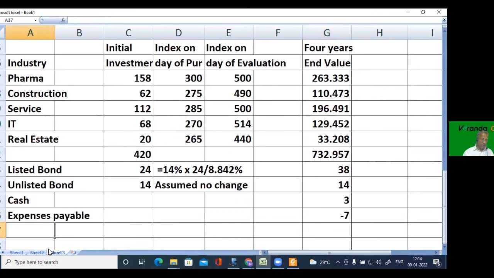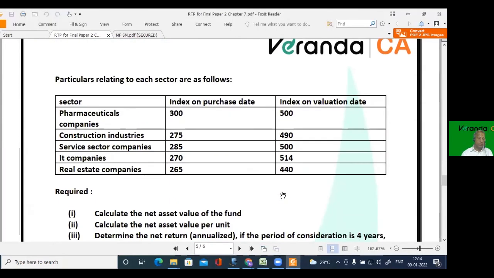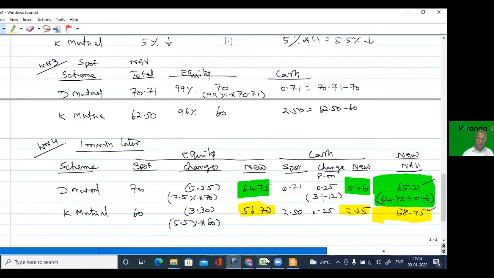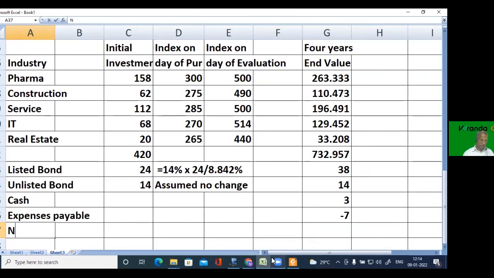So what will be the first question? Net value added of the fund.